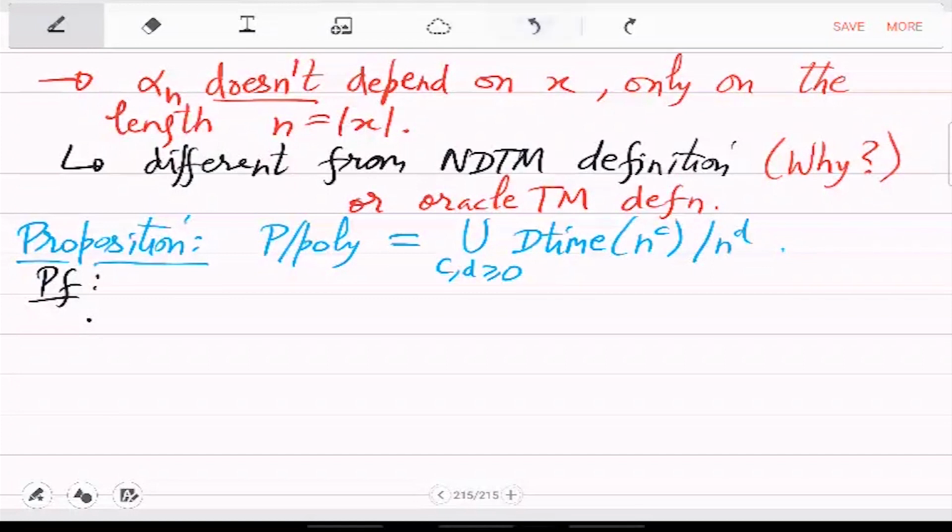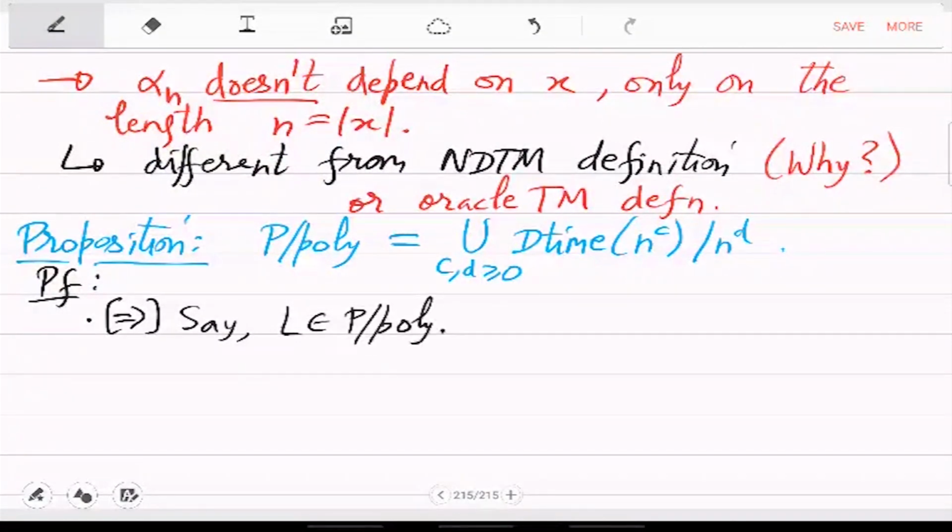So let's do the forward direction. Say L is in P/poly. Why is L in this DTIME with advice, this Turing machine with advice?